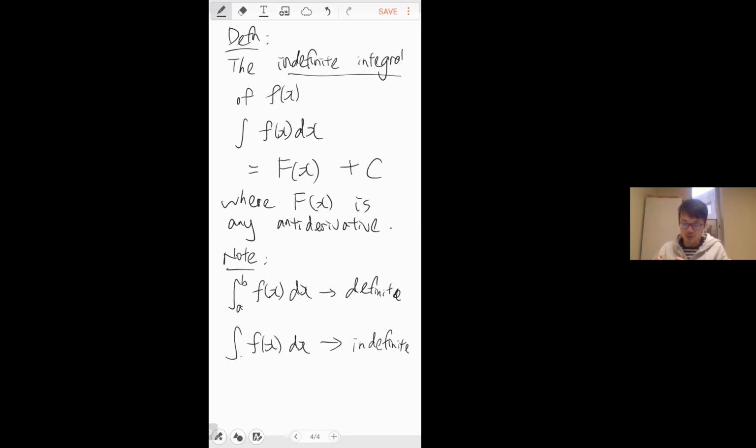But in terms of calculations, what's the difference? So when you compute the definite integral, what do you get? I'm asking which one is a function, which one is a number? What do you think?